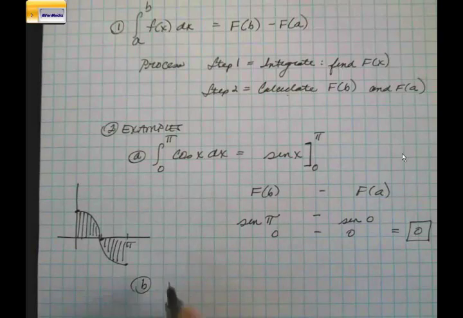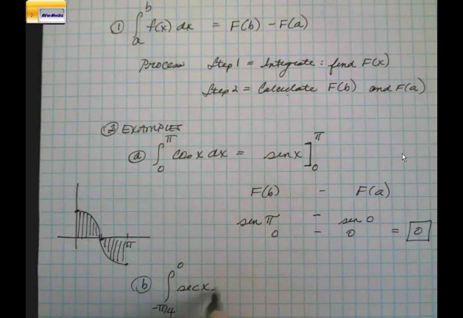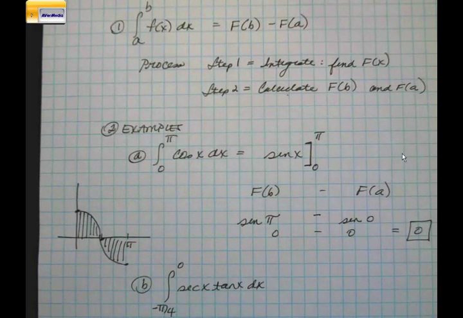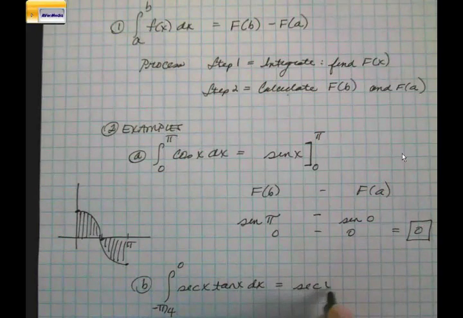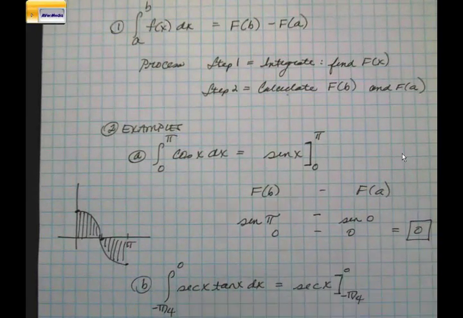Okay, here's another one. Suppose we want to go from negative pi fourths to 0 of secant x tan x dx. You're finding the antiderivative, then you're going to evaluate it from your upper limit and your lower limit. Well, the antiderivative of secant x tan x is secant x evaluated between negative pi fourths and 0.